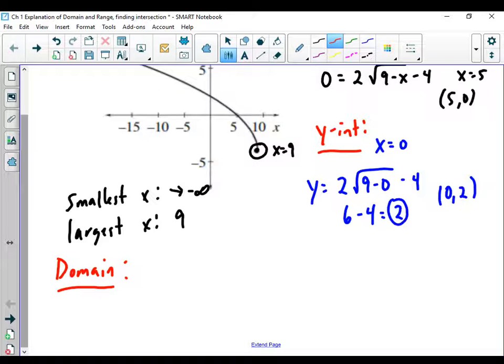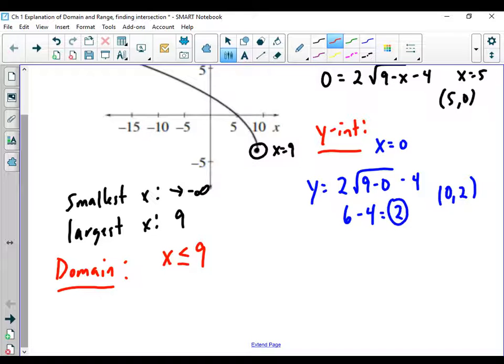It, again, is not a specific value, but it heads toward negative infinity, all the way through positive 9. So how I'm going to write that is, in this case, I'm going to say that x has to be less than or equal to positive 9. Now, I included 9 because that was one of my points.